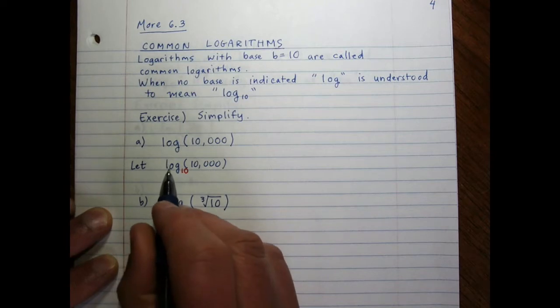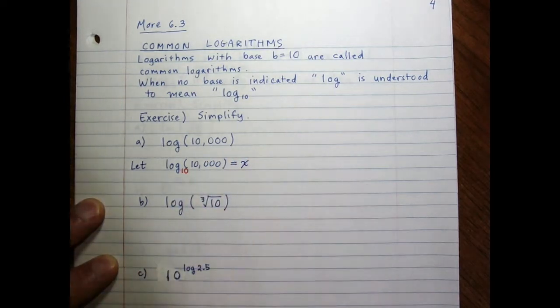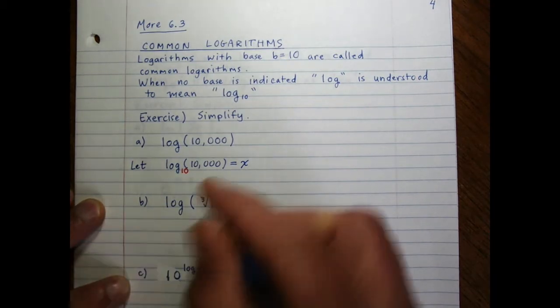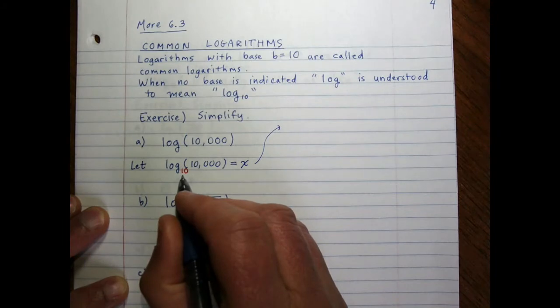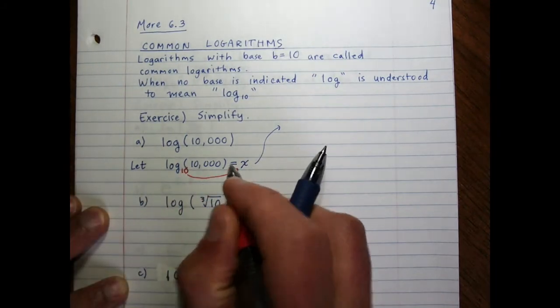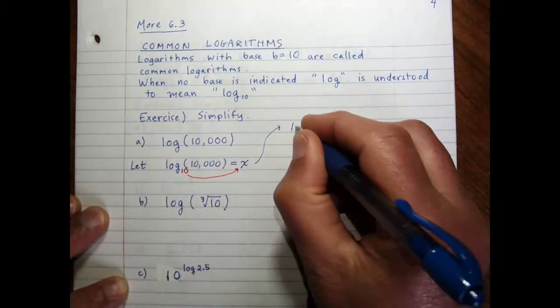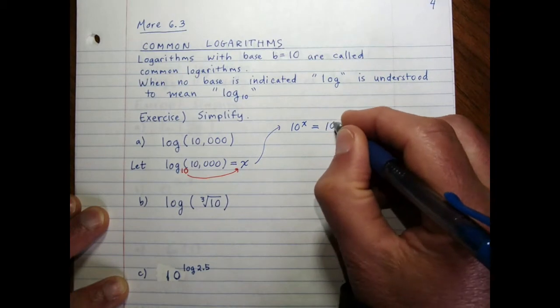So we want to let our log base 10 of 10,000 equal some variable x. And then we can rewrite this as an exponential. Base 10 to the x power equals 10,000, the number inside.